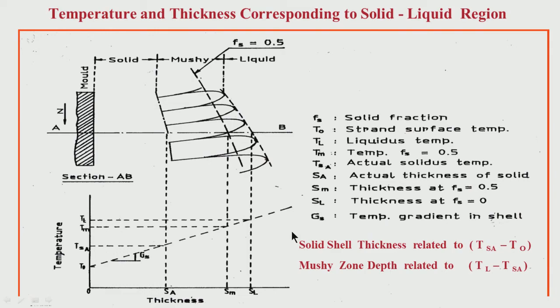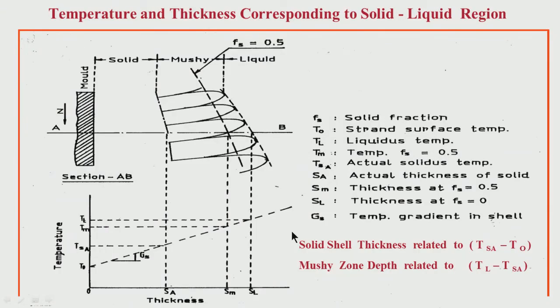So, this has implication on the strength of the strand, because a strand consists of solid and liquid during solidification. So, during solidification, the strength of the strand is determined by how much solid is there, how much liquid is there.